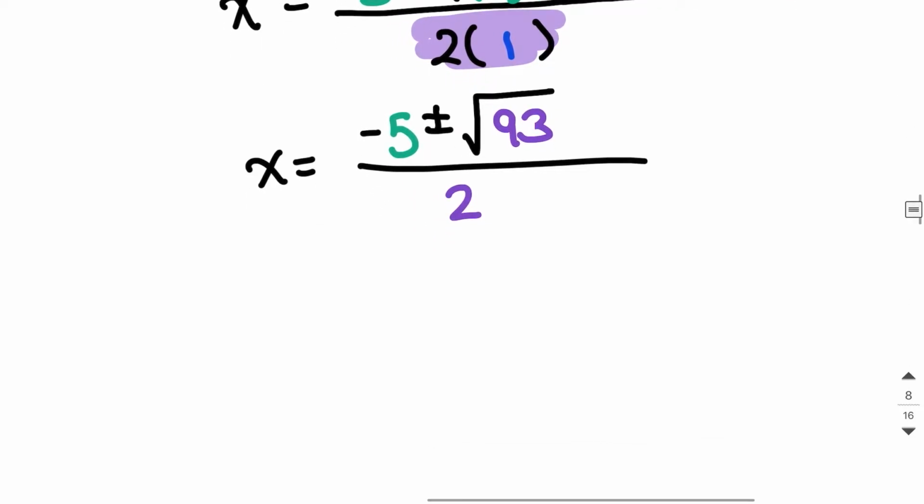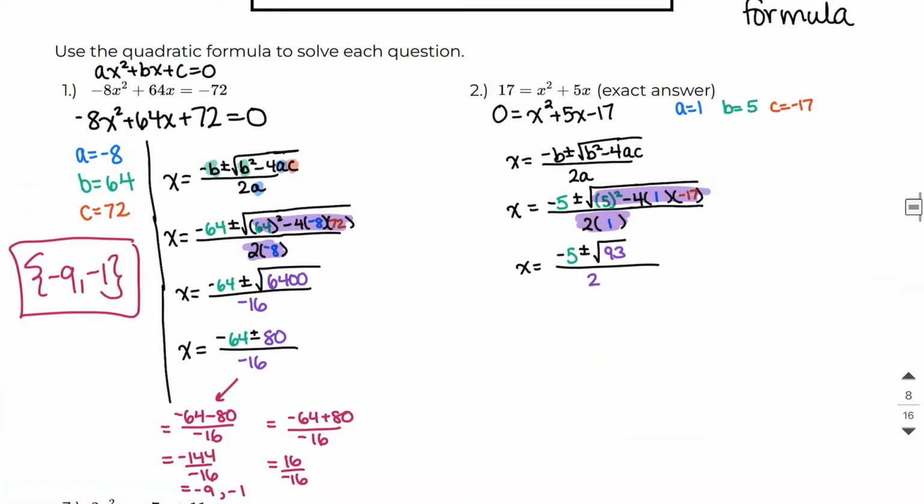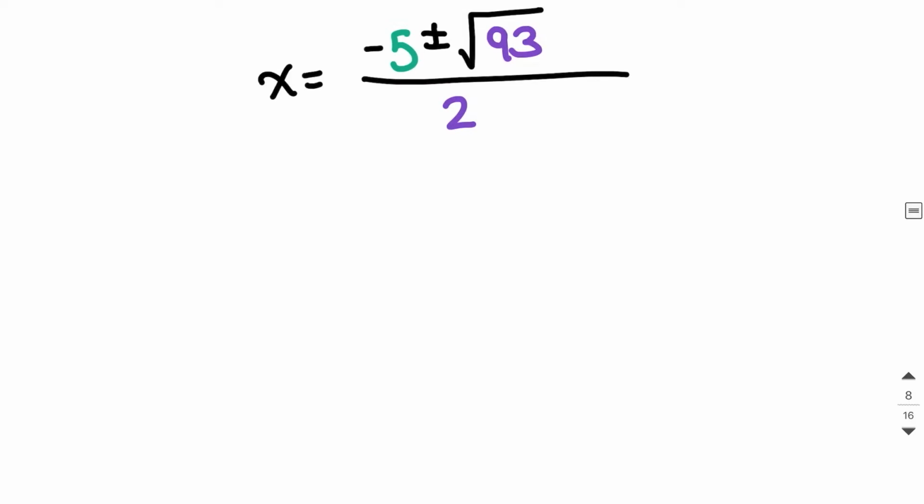So I can't square root 93 evenly. Let's see what happens when I try. The square root of 93 ends up being an irrational number. And the directions say to leave it as an exact answer. So I'm not going to type this into my calculator and round, because whatever number I write down from my calculator, I am rounding, because that number would go on forever.